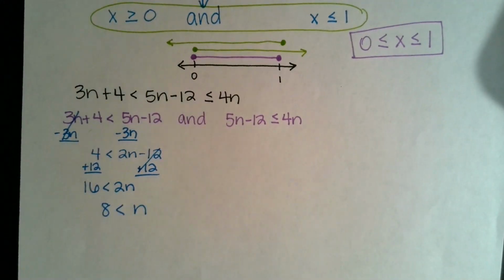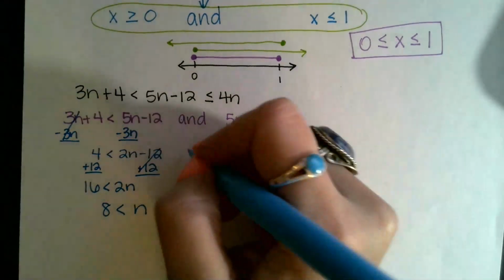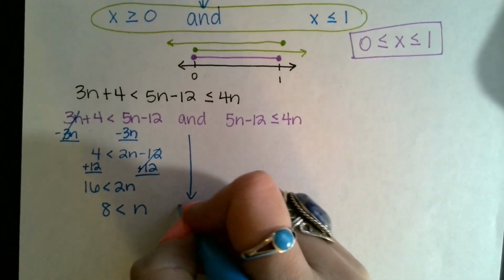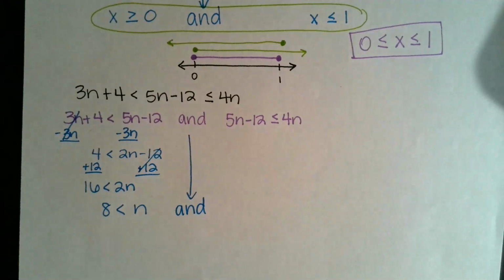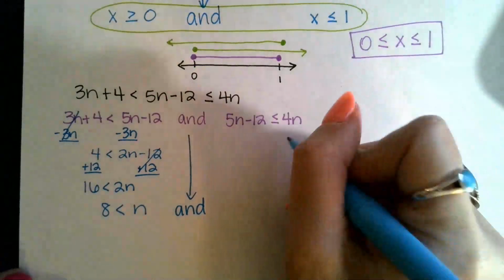All right, I ended up with 8 is less than n, and for this next one, I am still going to move my smaller coefficient, which is 4n.